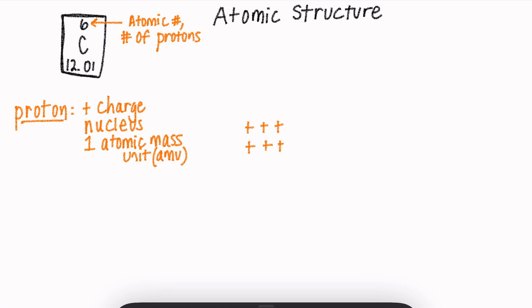All right, so I told you this is carbon with 6 protons. If it wants to be neutral, then we need to have the same number of electrons. So we're going to put some negative charges around it. And let's go ahead and draw what's called an electron shell. This is the first electron shell.